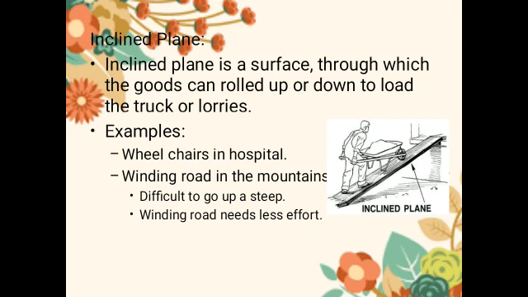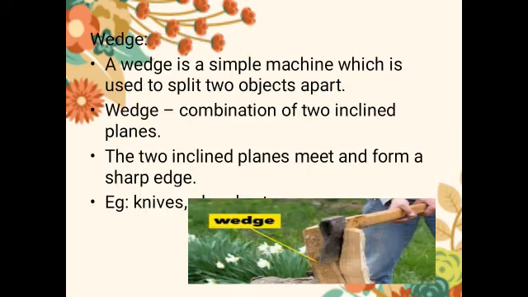If you travel in mountain regions, the roads are in a winding manner. They won't be straight, since if they were straight we could not climb the steep mountain. Only if the road winds can we travel easily. Then the wedge. An example is the axe, which is used to cut down trees.